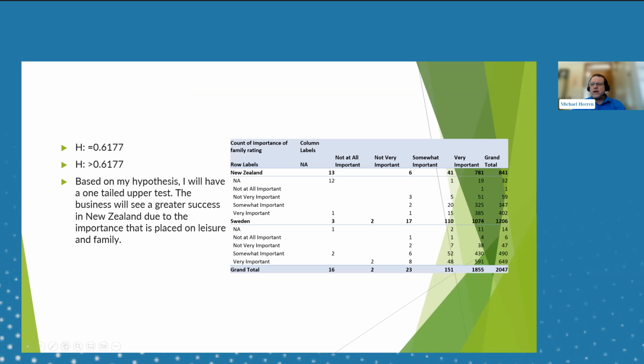So the next part I want you to see, I'm not sure if you can see it very well, let me move that in case that makes it better, is that on the right, that's the actual pivot table result. They can go through with that pivot table. They can choose New Zealand and Sweden as their countries.